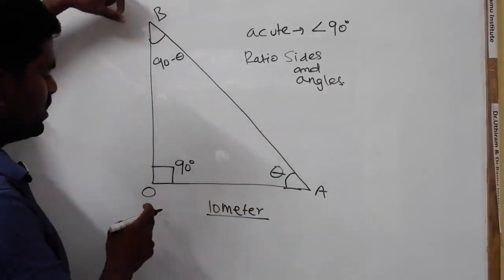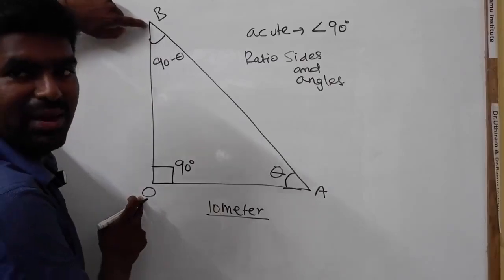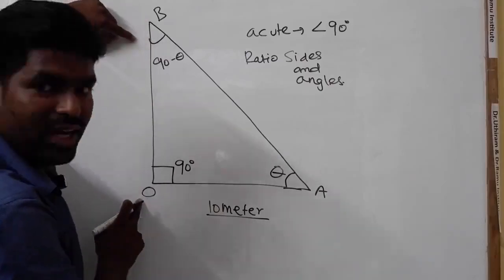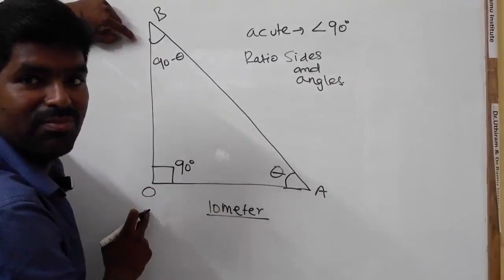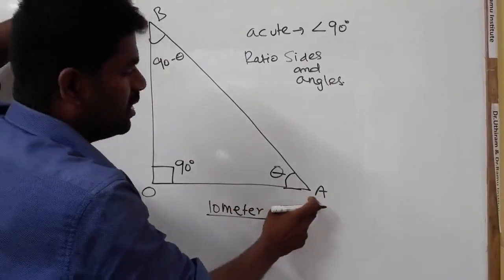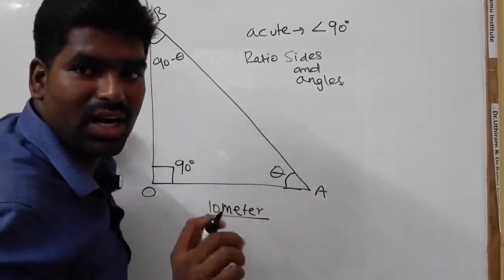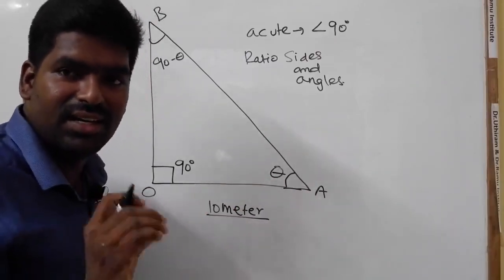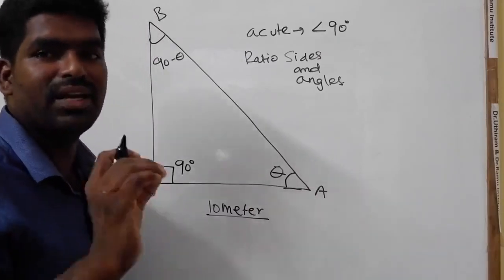Similarly, I can measure the length of OB in meters. So this is also a length, expressed in meters. The unit of length is meter. And again, the length AB is also in meters.